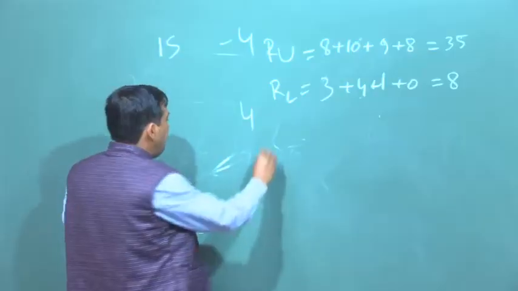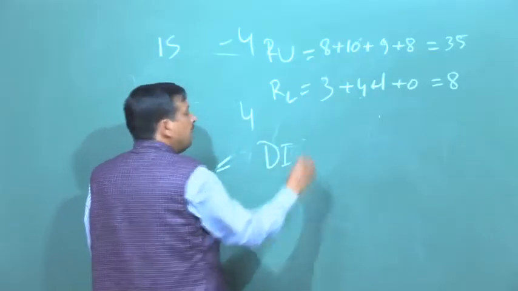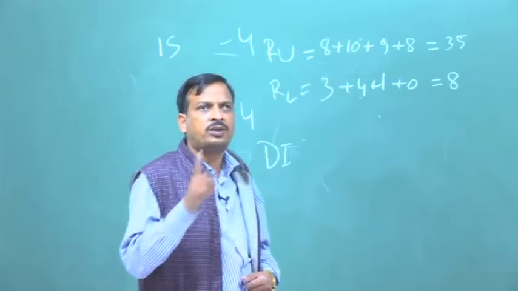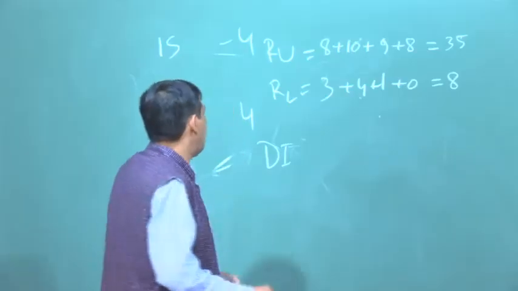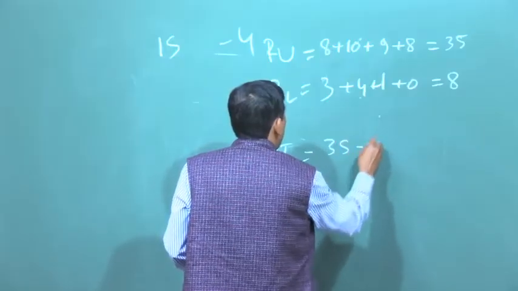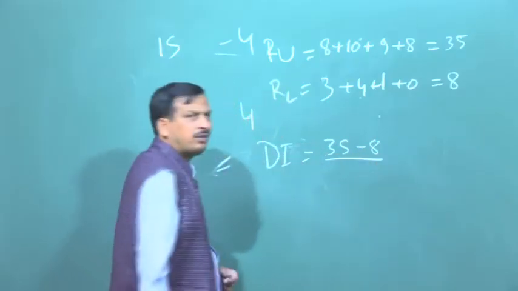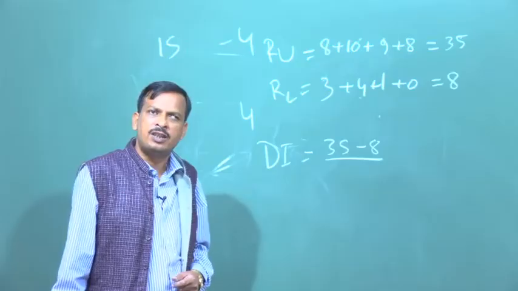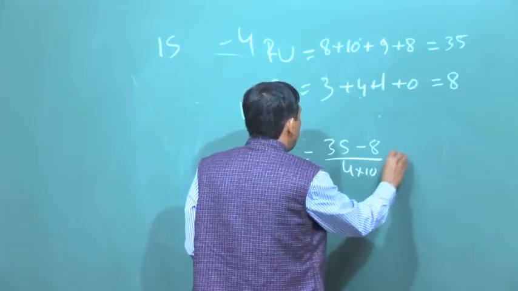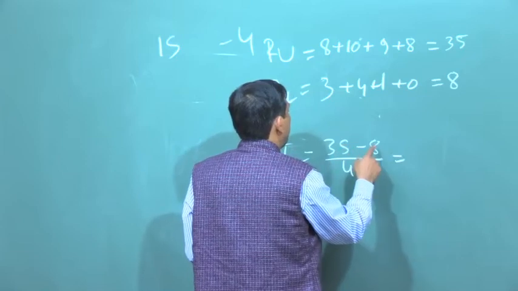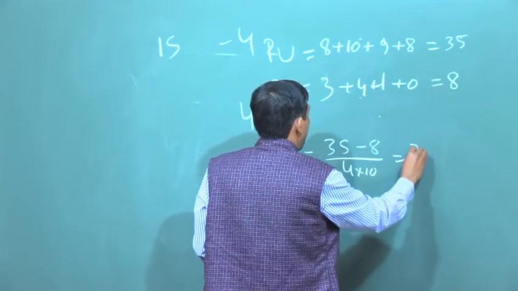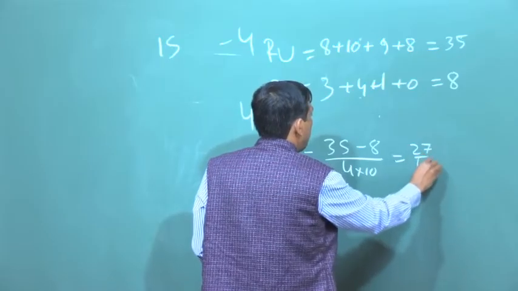Now, what is DI? DI is how good the test item is at discriminating between the bad students and good students. So, what are the good students' marks? 35. What are the bad students' marks? 8, divided by the total marks. If everybody gets 10, then 4 into 10 equals 40. So DI is 27 by 40.